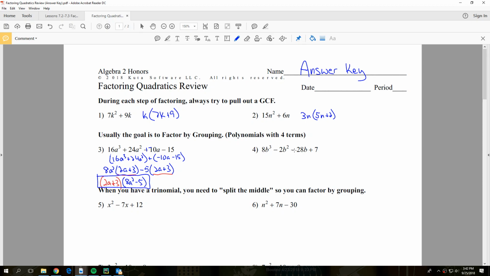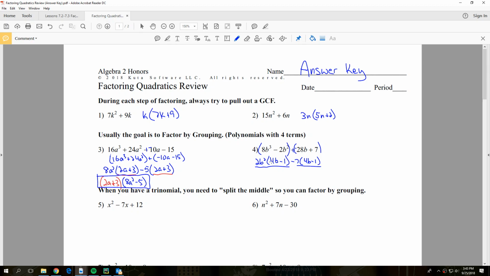So in this case, I'm going to change this to a plus negative, and I'm going to put my parentheses around here. All right, and I'm going to go ahead and pull out a 2b squared. So that leaves you with 4b minus 1 on the inside. Here I'm going to pull out a negative 7. And that leaves me with 4b minus 1 on the inside as well. And notice I have these two things subtracted by each other.